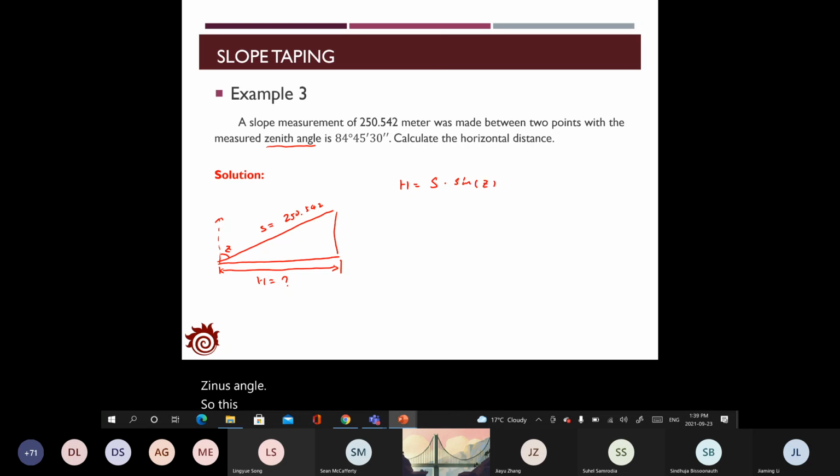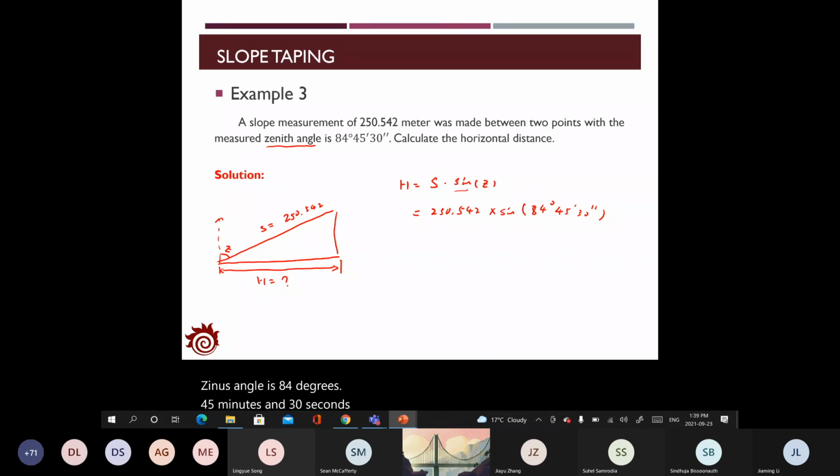If you are provided with vertical angle, this should be cosine. And we have the slope distance as 250.542 meters times the sine of the zenith angle, 84 degrees 45 minutes and 30 seconds.